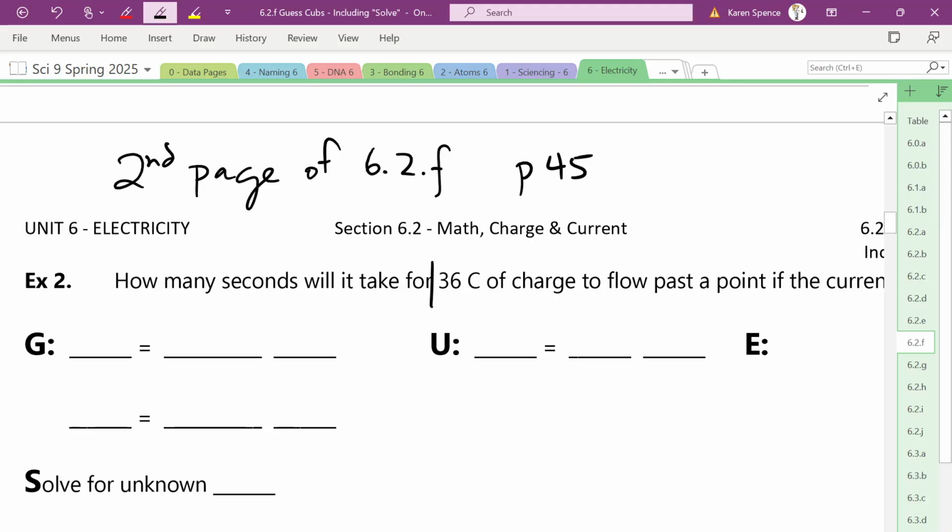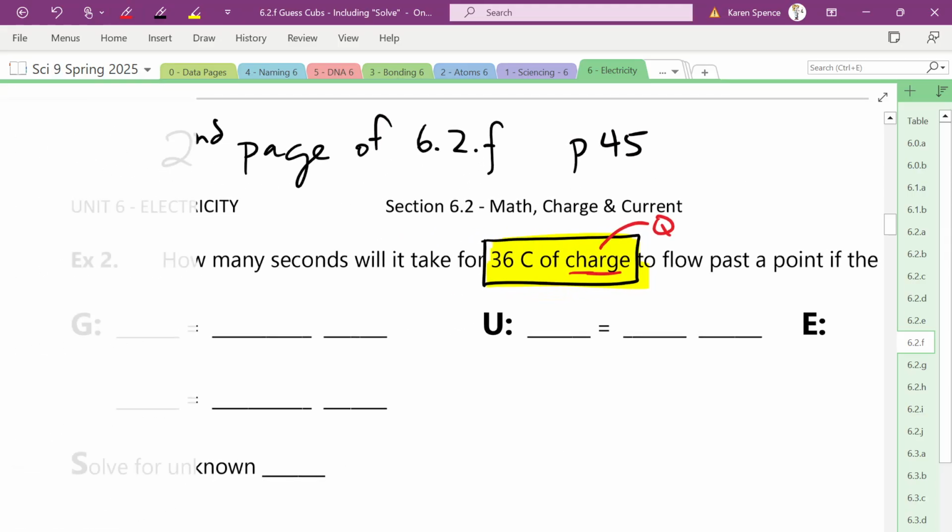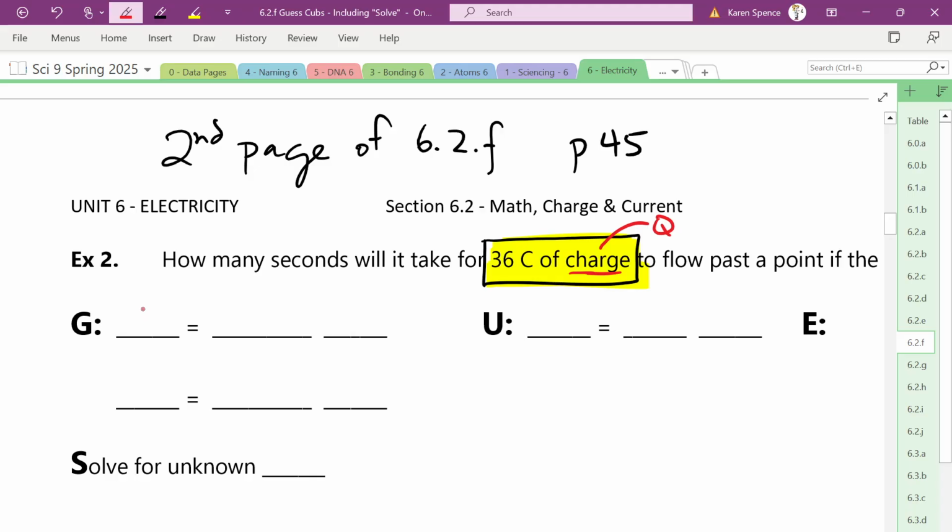We have 36 coulombs of charge. That's given. And remember, what's the symbol for charge? Q. So we can write down that one of our given quantities is that charge is equal to 36, so we put the number and then the unit, the coulomb.